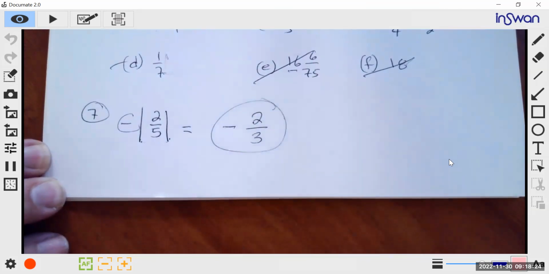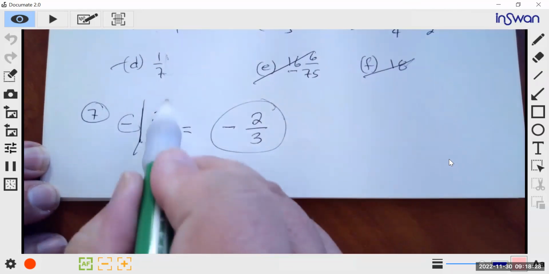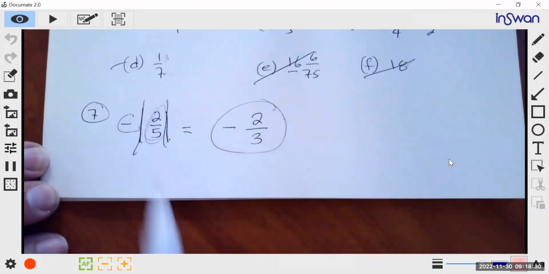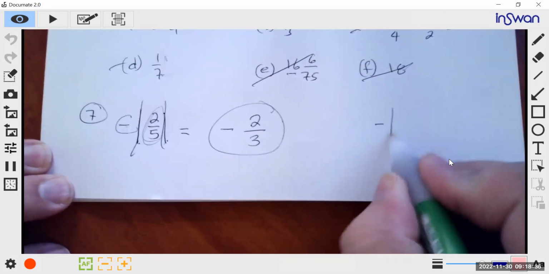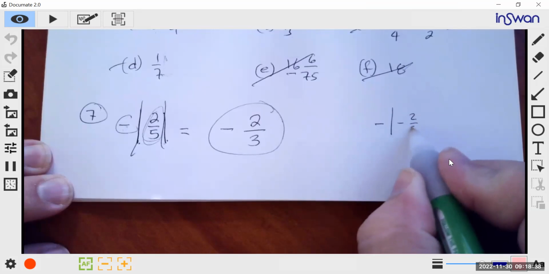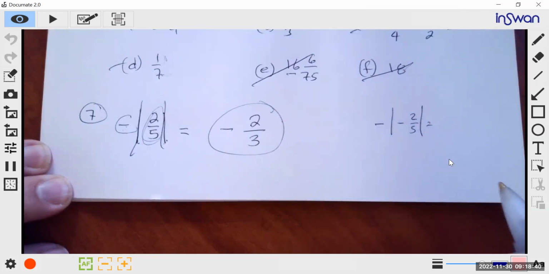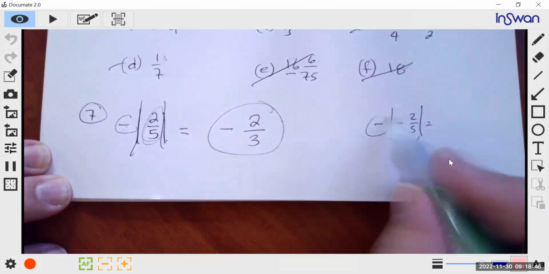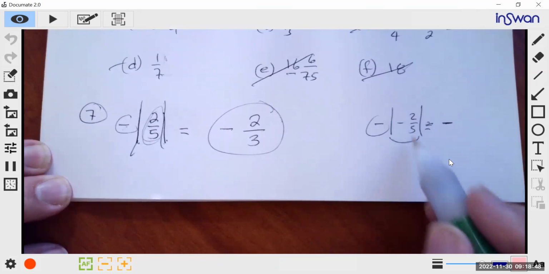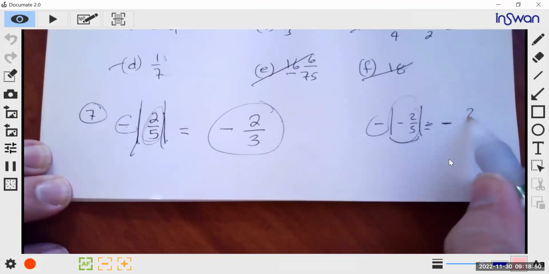There's your answer. The absolute value only belonged to this number, not that negative in front. So if it was negative 2/5 absolute value, then the absolute value of this, got negative still there. Absolute value of this is 2/3.